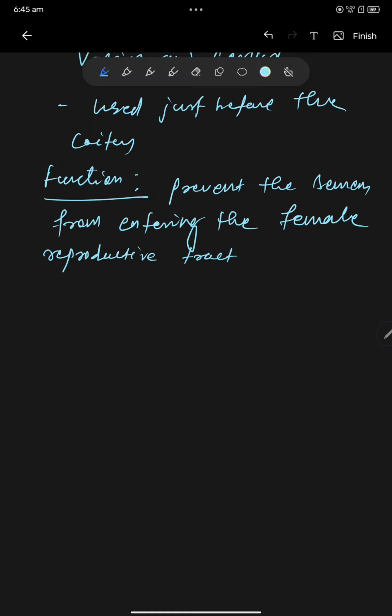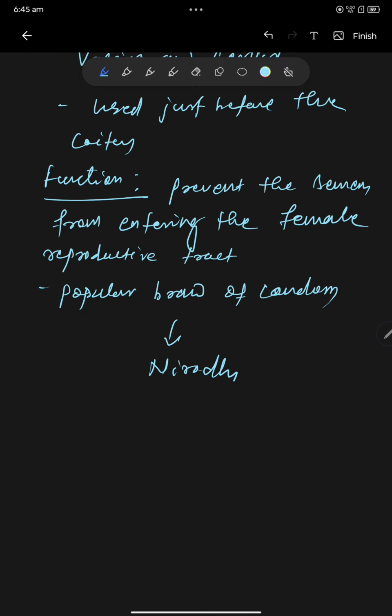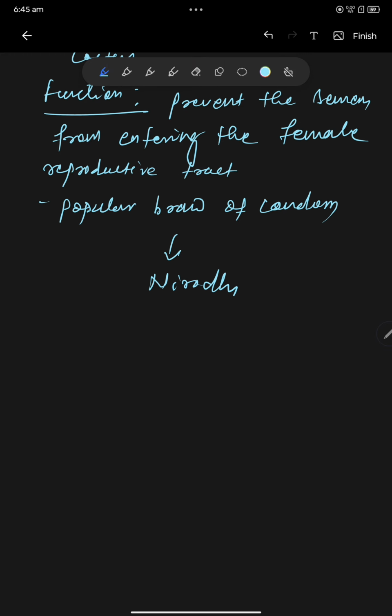The popular brand of condom is Nirodh. Now, why is this method very important?